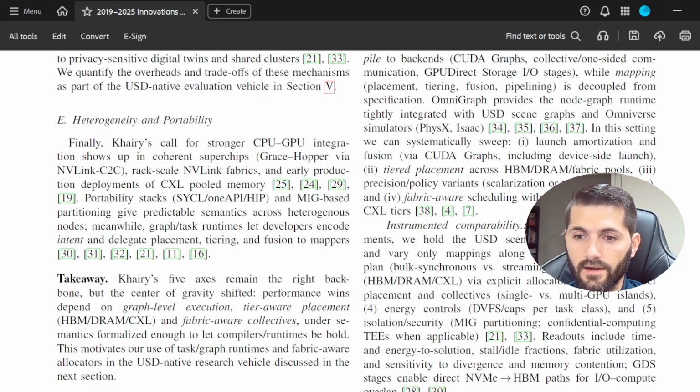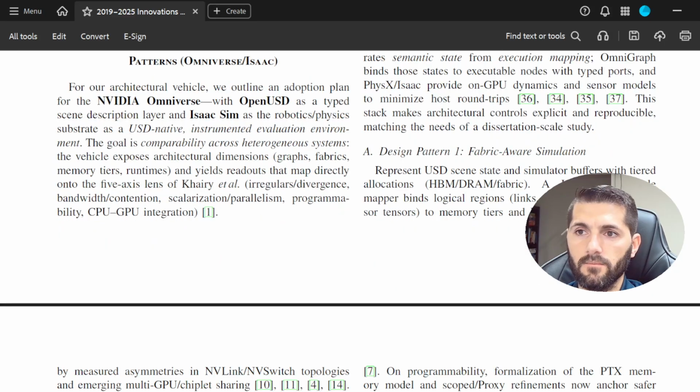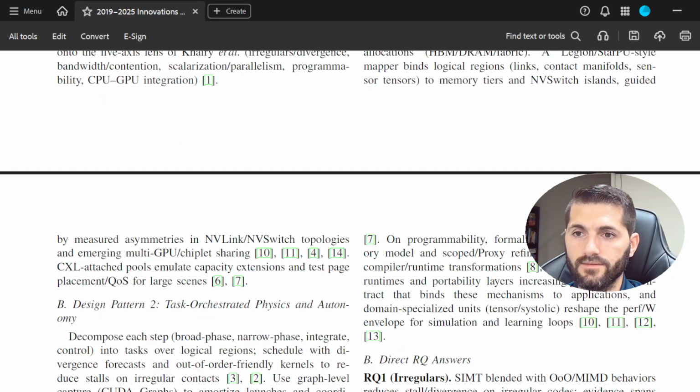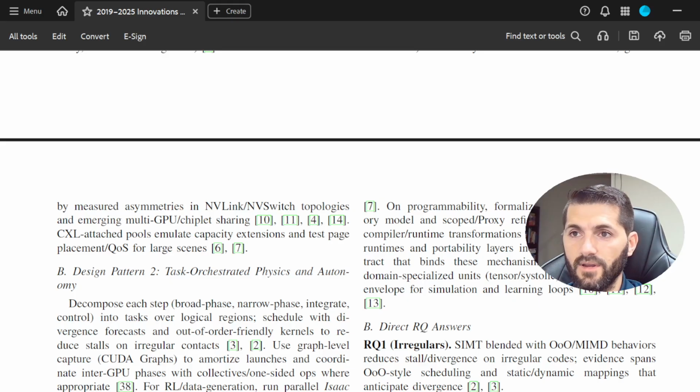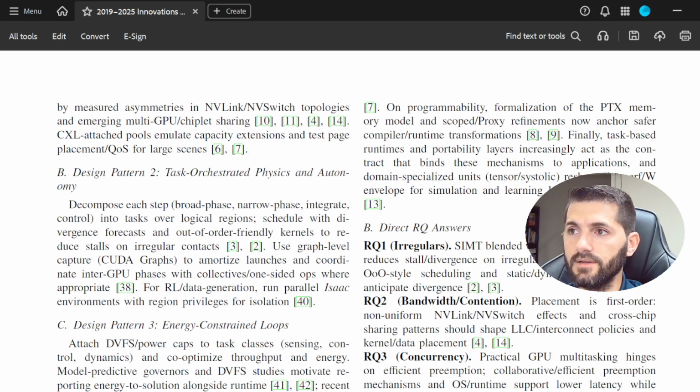So it's already a general-purpose GPU platform, but I'm going to be looking at designing this to be more fabric-aware, have more task-orchestrated physics, have layers to it, and layers to be able to make it more autonomous in that coding. And we'll see what that actually looks like, especially managing energy and things like that for different systems.